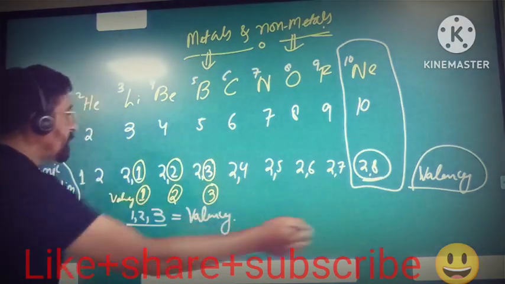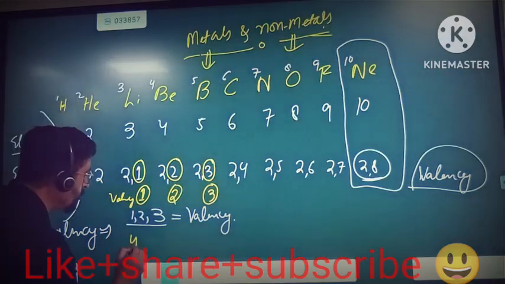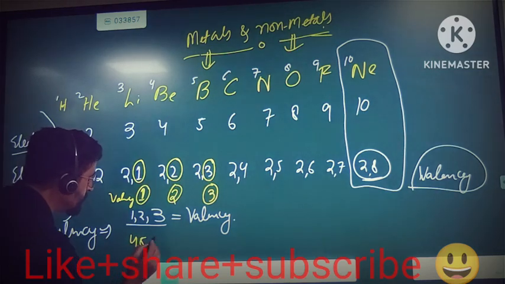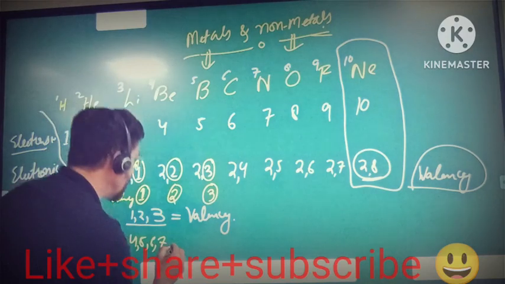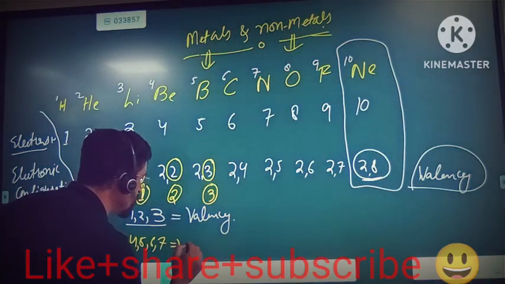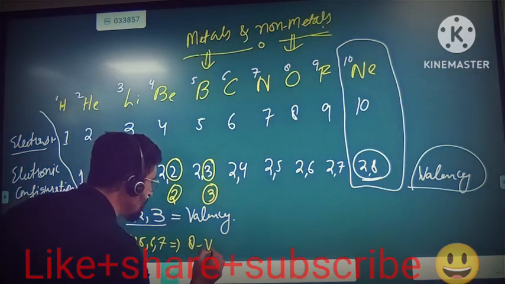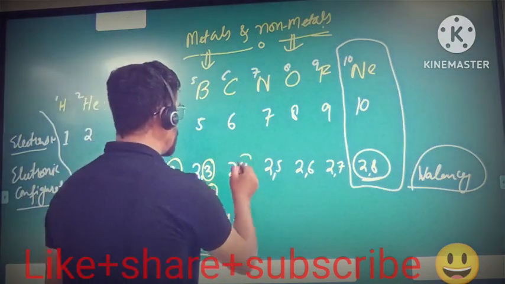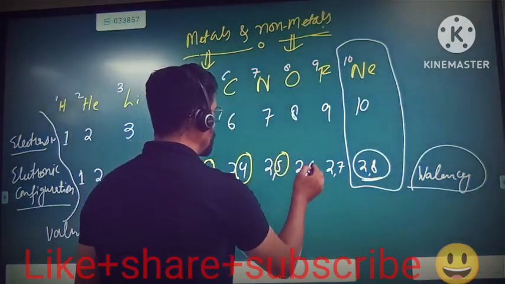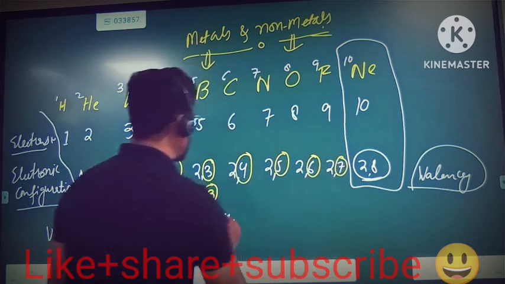Now, if we have 4, 5, 6, and 7 electrons in the outermost shell, then our valency will be equal to 8 minus valence electrons. Okay, now, if we look into this, we have here 4 electrons in the outermost shell, 5, 6, and 7. Now, what will be their valency?